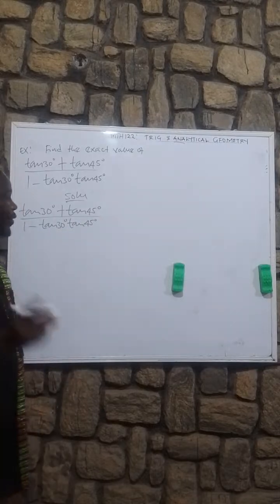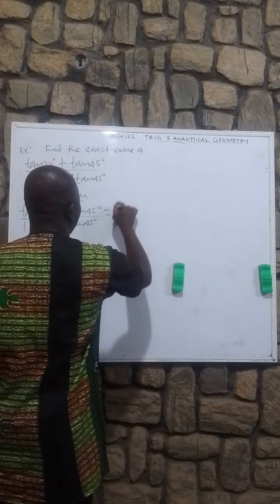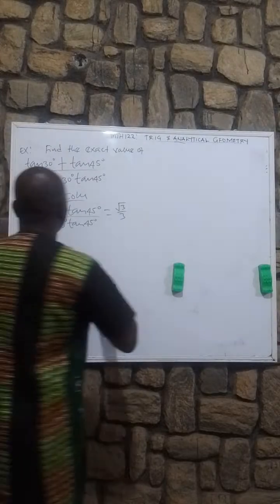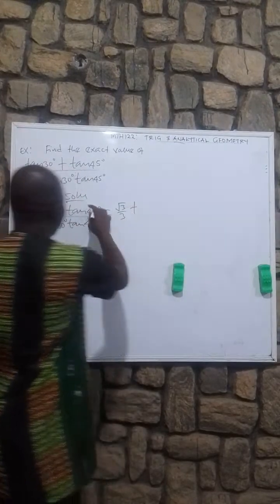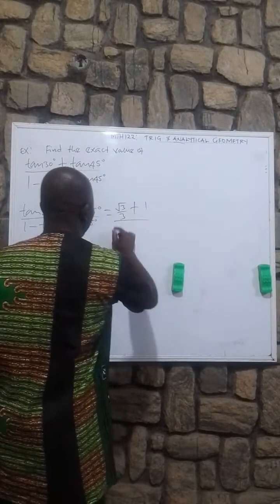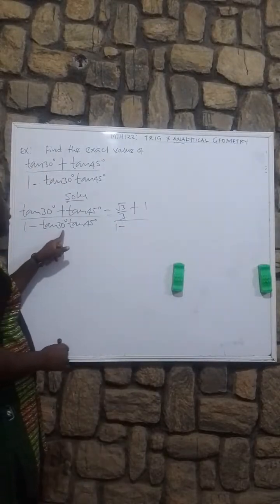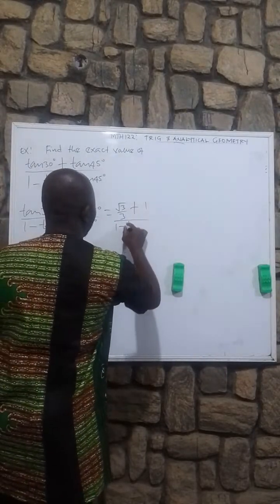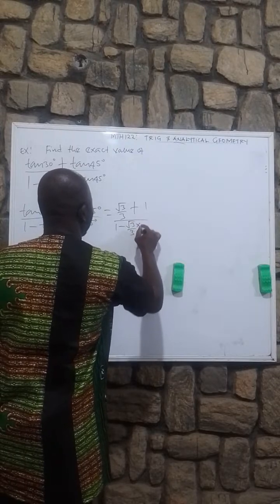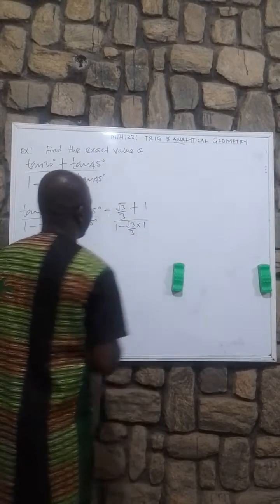You know very well that tan 30 degree is root 3 all over 3. True or false? It's true. Then plus, what is tan 45 degree? It is 1, isn't it? All over 1 minus tan 30 degree, which is root 3 all over 3, times tan 45 degree, which is 1, right?